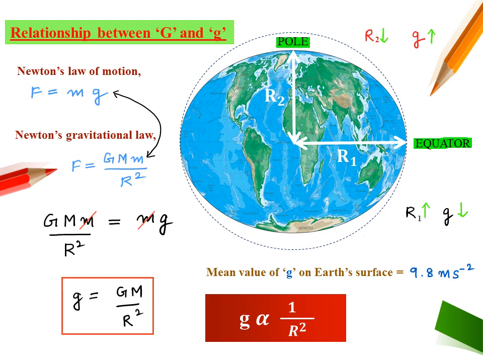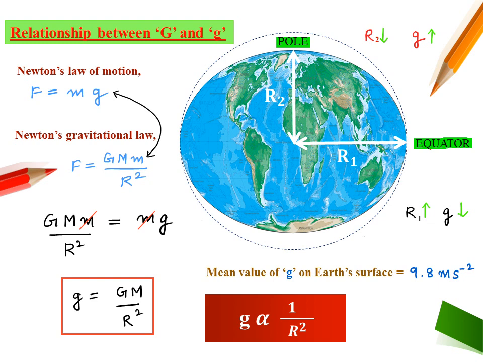So at altitudes above the Earth's surface or at depth below the Earth's surface, the value of g decreases. Similarly, the acceleration due to gravity on the surface of Moon will be 1/6 the acceleration due to gravity on the surface of Earth.